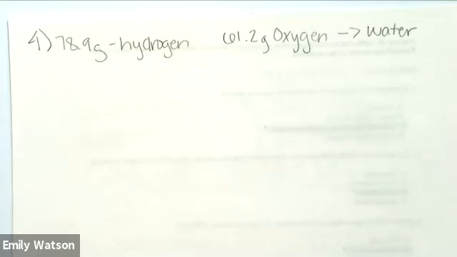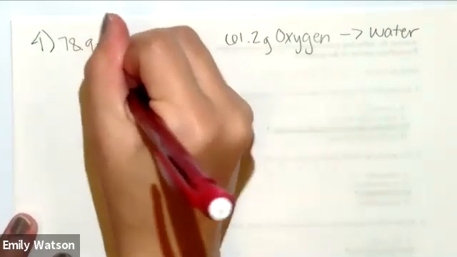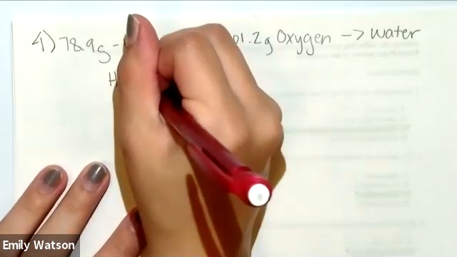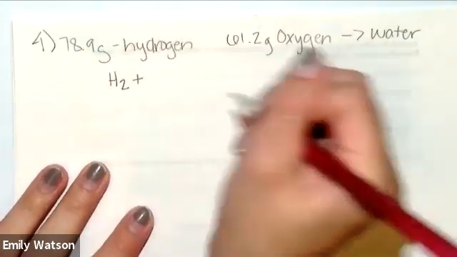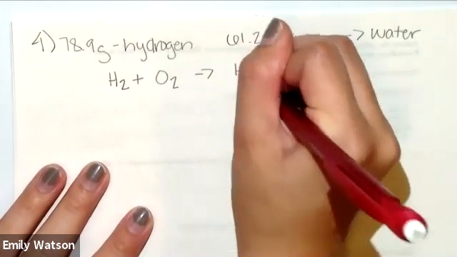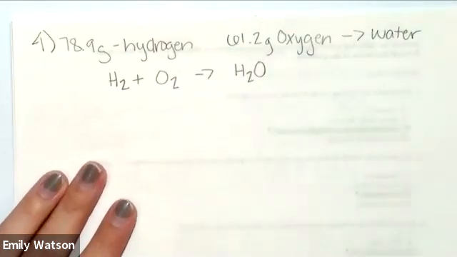I have to admit, I was expecting someone to say H. I'm glad that this happened. H2. Why? Yes, it's one of the diatomic elements. This is its elemental state. This is how it's found in nature. When you breathe in, you're breathing a little bit of H2. And what about oxygen? O2 goes to H2O. Is this balanced?